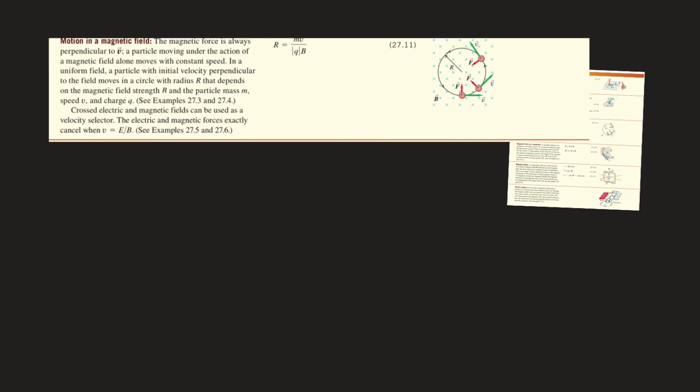The third concept that you have to understand is the following one. When you have a magnetic field, in this case, meaning that it's crossing my screen, going down into my screen.